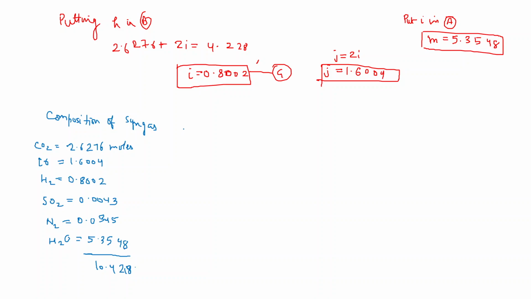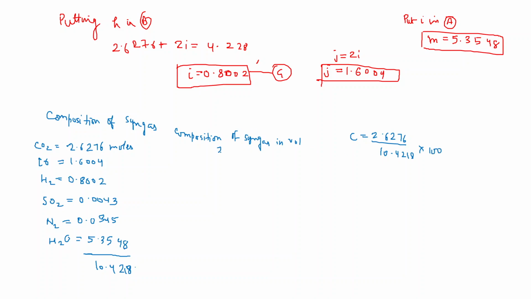So now the composition of syngas in volume. It will be done for C, it will be 2.6276 upon 10.4218 into 100.